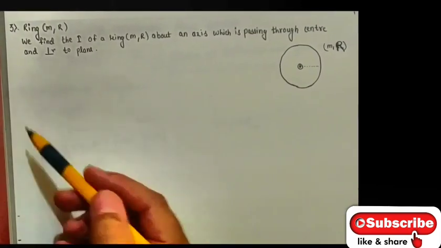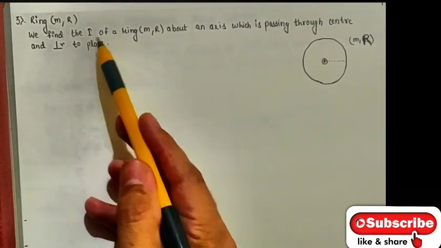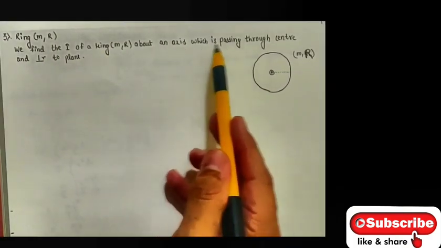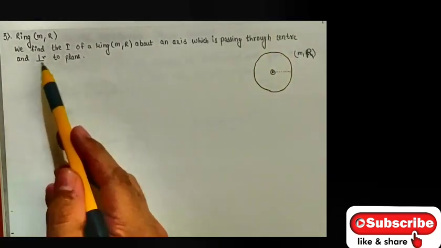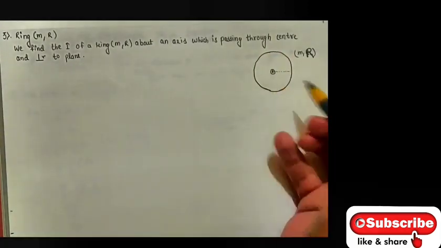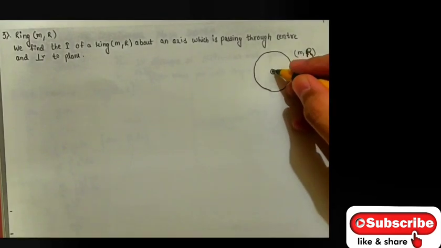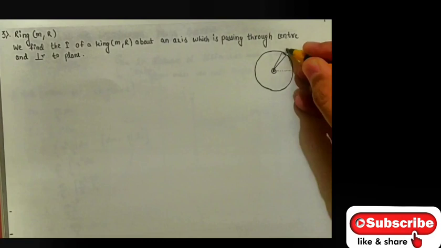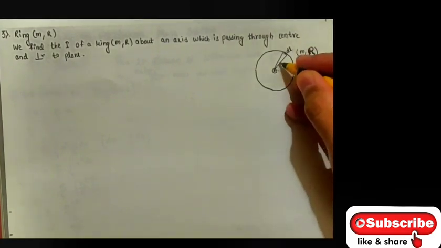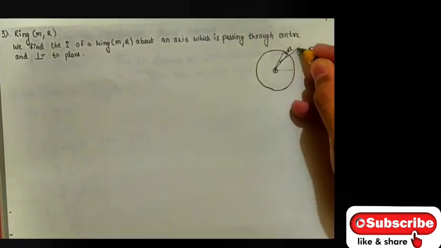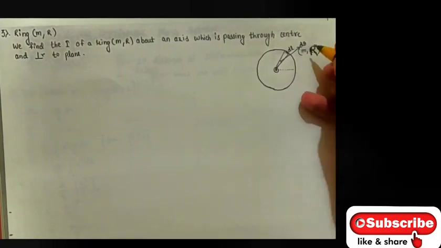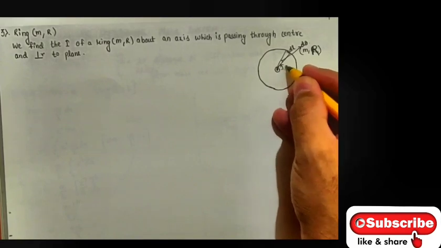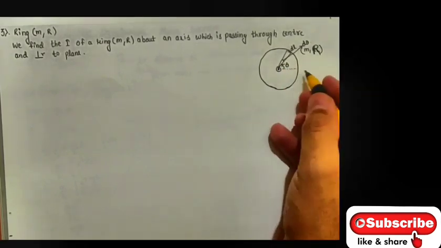So in the third case we find the moment of inertia I of a ring having mass m, radius r about an axis passing through the center and perpendicular to the plane. So this is our axis. Now we take an element of length dl which subtends an angle d theta at the center and is at an angle theta from the horizontal.